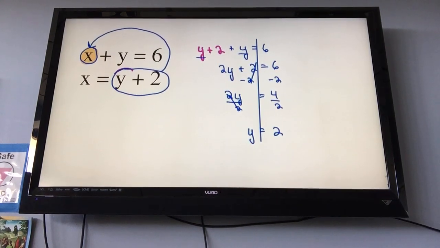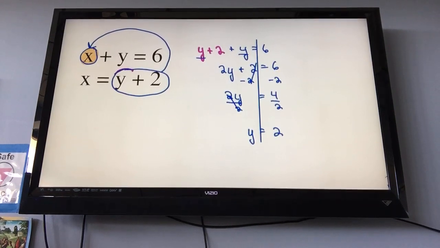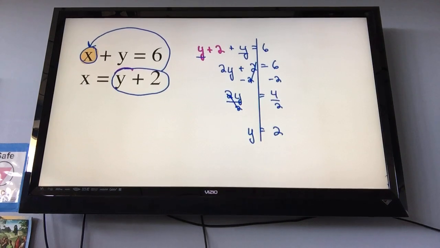So you're trying to find the x and the y that equals 6 and also the x that equals y plus 2. You're trying to find both. That's half my answer. Then, to get my x, the best, the fastest, the easiest place to go back to is the substitution equation.